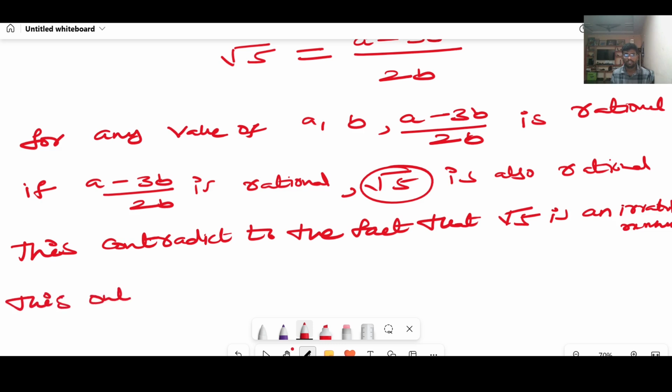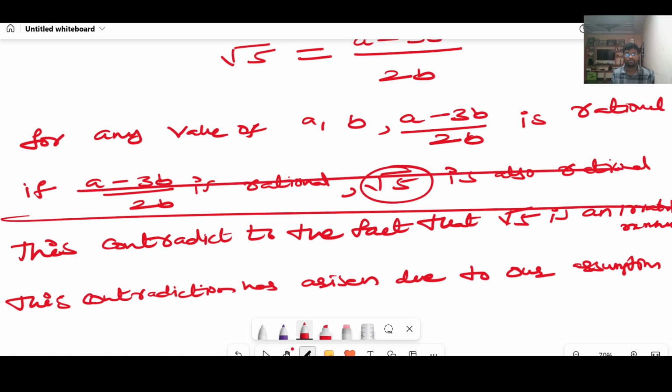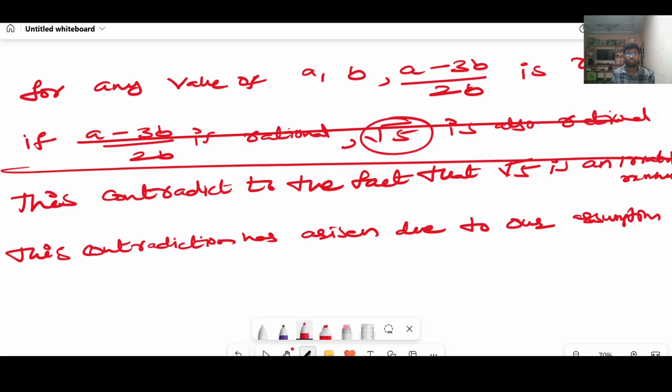This contradiction has arisen due to our assumption. Since we have assumed that as a rational number, we have got the opposite result here, right? Therefore, if our assumption is wrong, what is correct? 3 plus 2 root 5 is an irrational number.